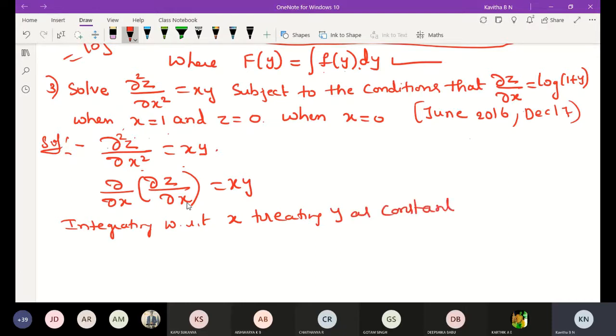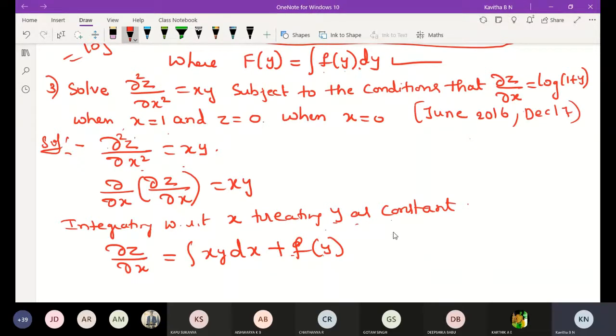Treating y as a constant means del z by del x is equal to the integral of xy into dx plus, in place of k, we have to write f of y, here y as a constant.